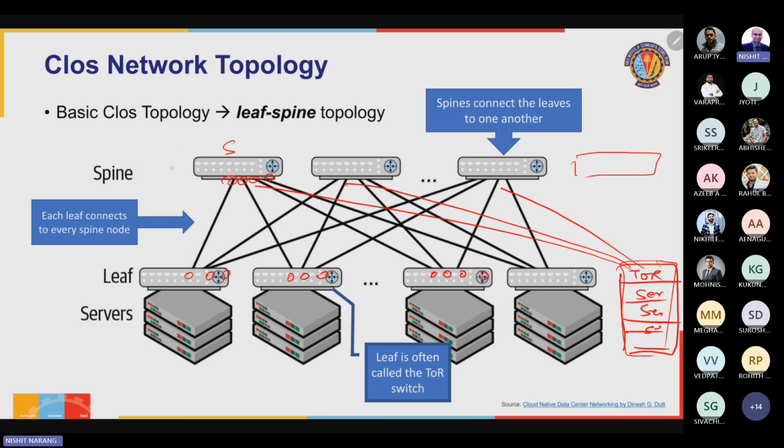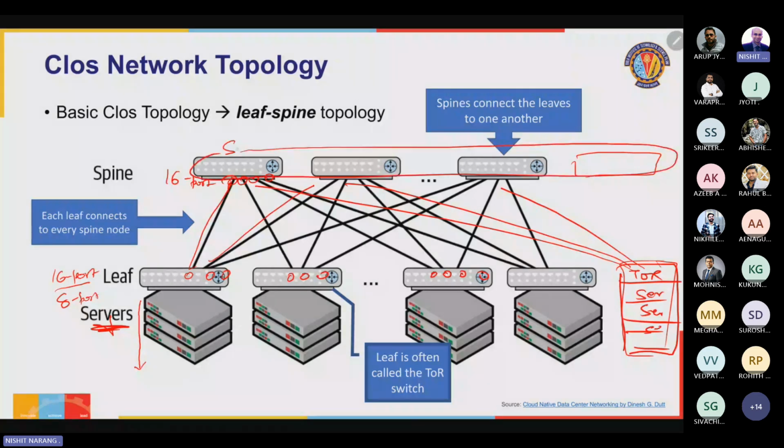So let's say, hypothetically speaking, it was a 16 port switch. Okay. And we're saying they're all of the same type. So leaf will also be a 16 port switch. Let's say there are 8 servers in a rack. So 8 of those ports have already been used to connect these servers. Remain 8 other ports which I've used to connect to, let's say, 8 spines already. I already have 8 spines.